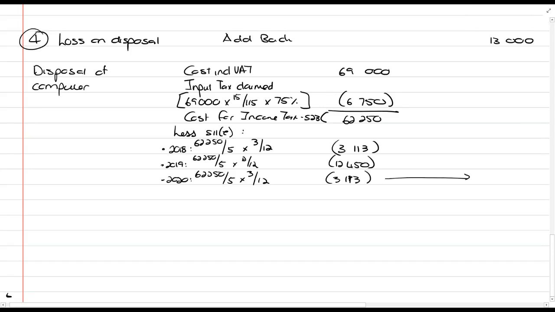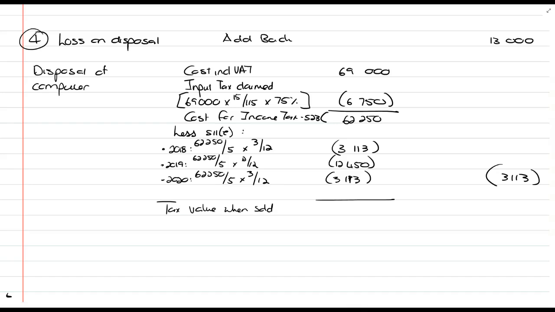This figure you must show as a deduction in the current year. This gives us a tax value when sold. Okay, I'm just going to write this down quickly. The sum of all of these allowances is 18,676.